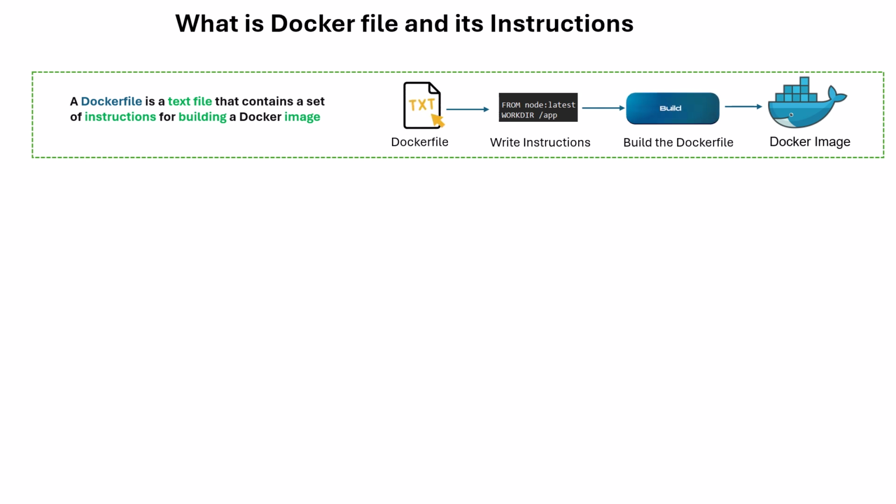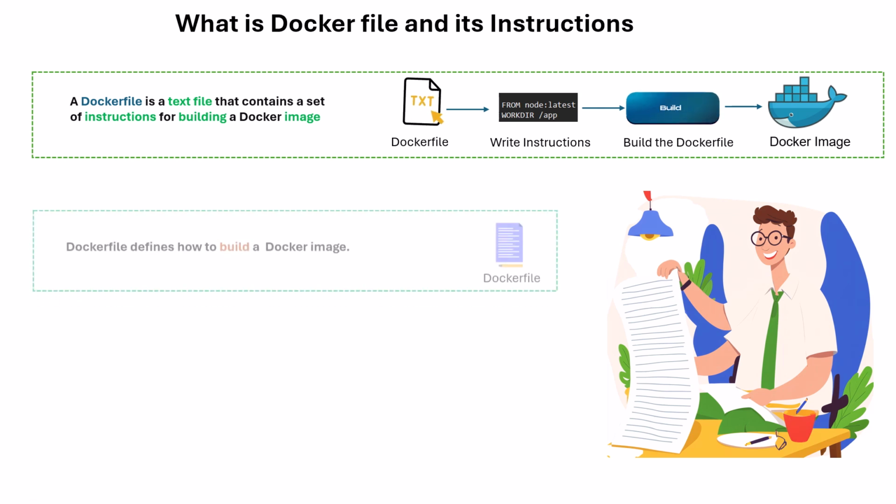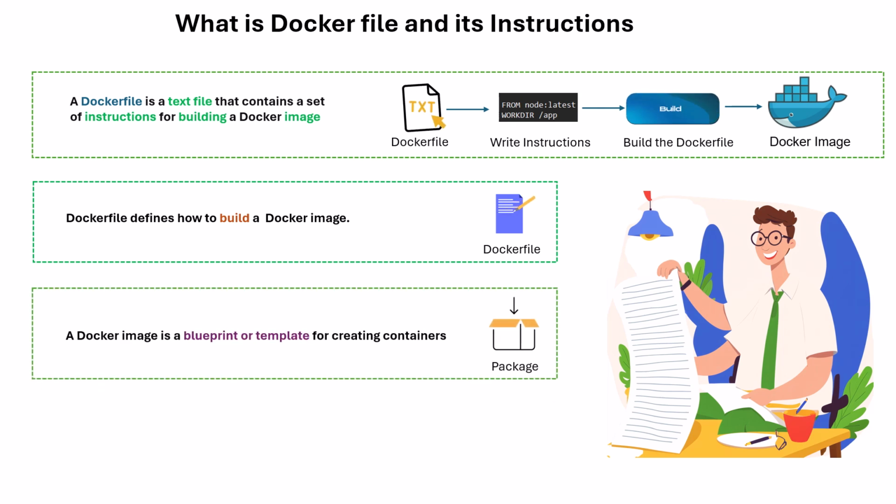So this is all about Dockerfile, but let us understand some other important terminologies of Docker before going into the Docker instructions. As we know, a Dockerfile defines how to build a Docker image. Then what exactly is meant by this Docker image? In any object-oriented programming language, we write classes.